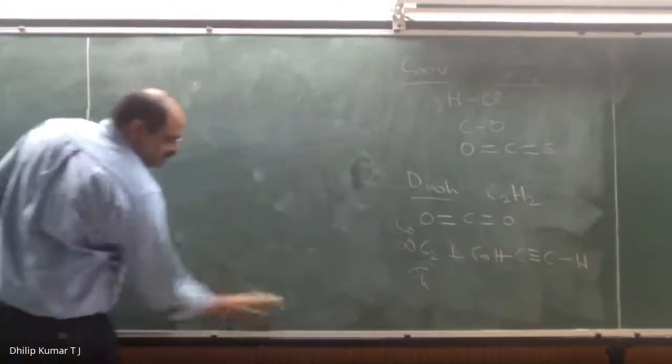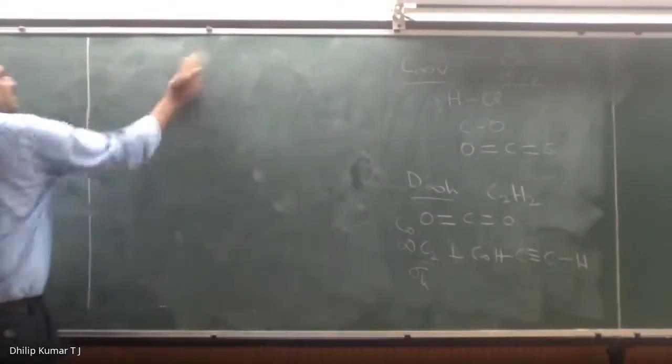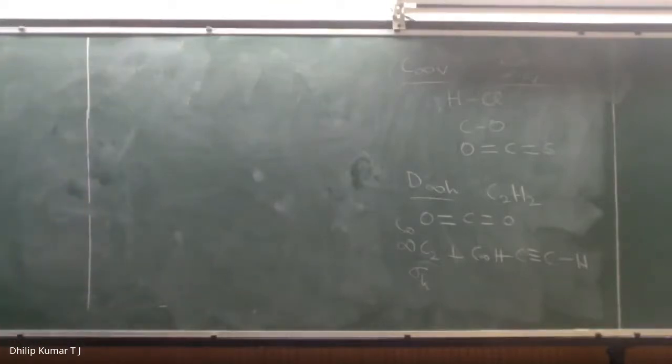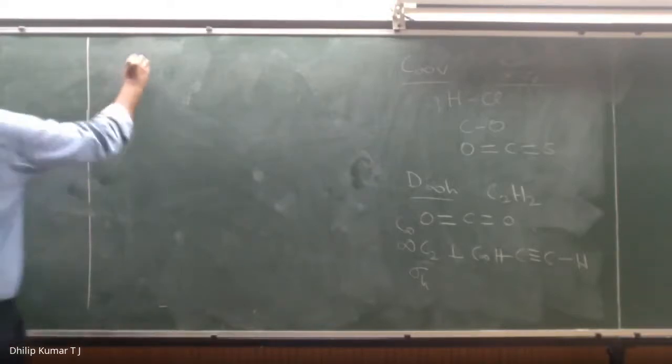There are something called special point groups. Mostly molecules have special point groups. One is tetrahedral, second is octahedral, which you are very much familiar with. Tetrahedral, we generally give the symbol TD.